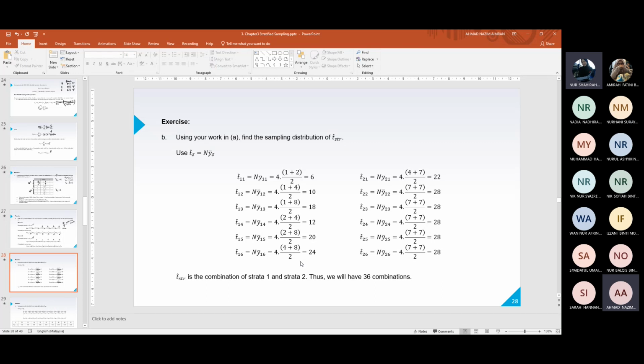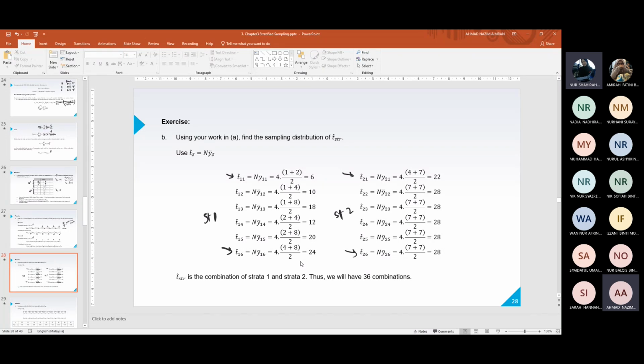You need to calculate the estimated population total for sample number 1 until sample number 6 for both strata. This is stratum number 1. This is stratum number 2.